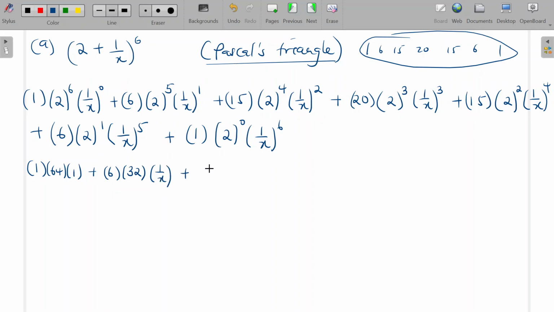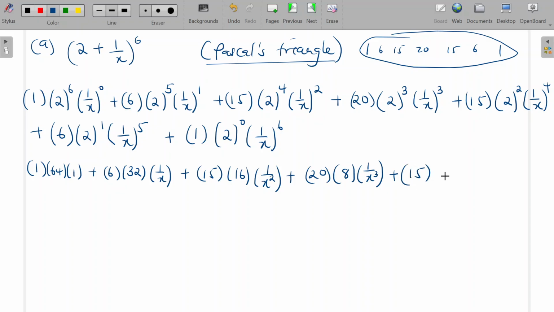Plus the 15, and 2 to the power 4 is 16, 1 over x to the power 2 is 1 over x squared. Then plus the 20, 2 to the power 3 is 8, 1 over x to the power 3. Then plus 15, 2 to the power 2 is 4, 1 over x to the power 4.